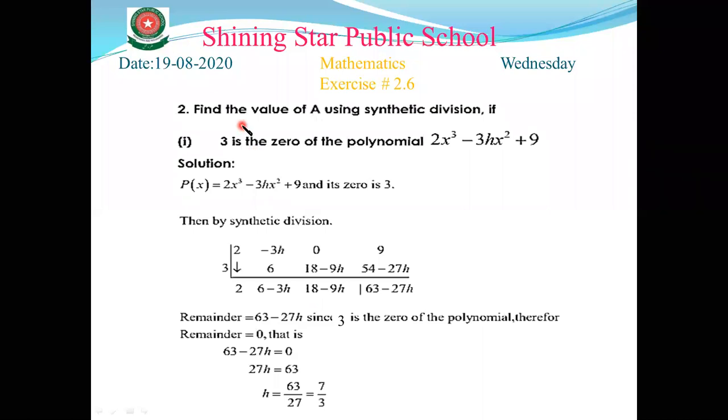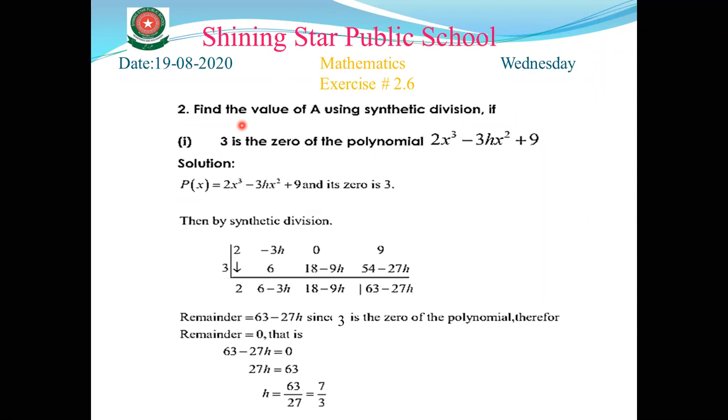Now start question number 2. Find the value of a using synthetic division if 3 is the 0 of the polynomial. Okay. Now what do we mean by the 0 of the polynomial? The 0 of the polynomial means the remainder must be 0.